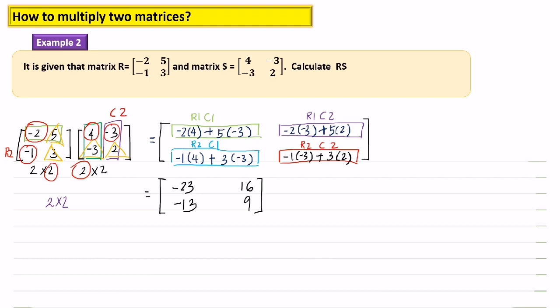Another method is like this. I write like this, and the second matrix, I write a little bit up: 4, negative 3, negative 3, 2.